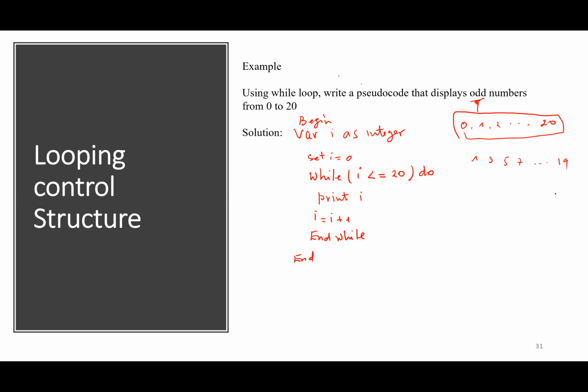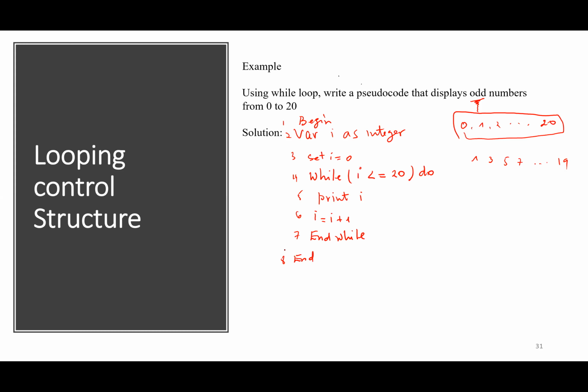So where should I change? We have line 1, line 2, line 3, 4, line 5, line 6, line 7, line 8. Let's see, Divine. Where should I change?